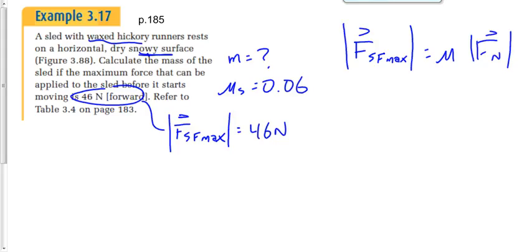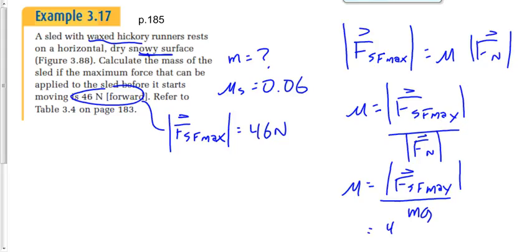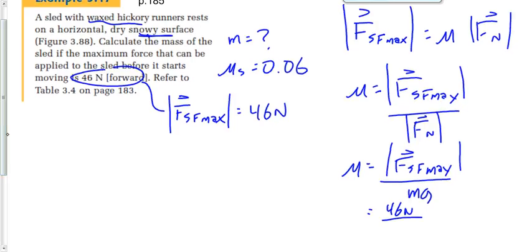So we're going to say mu is equal to F_SF max divided by the normal force, but the normal force is equal to m times g. Really, that's gravity, but usually the normal force is the same as gravity. So let's see what we got here. 46 newtons divided by... oh wait, we don't want to rearrange that to solve for mu, do we?